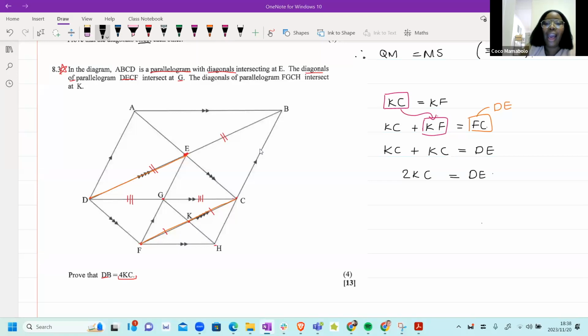Beautiful. However, we also said that DE is equal to what? Aha, good. DE is equal to EB. Beautiful. I also know, though, that DE plus EB is equal to what?